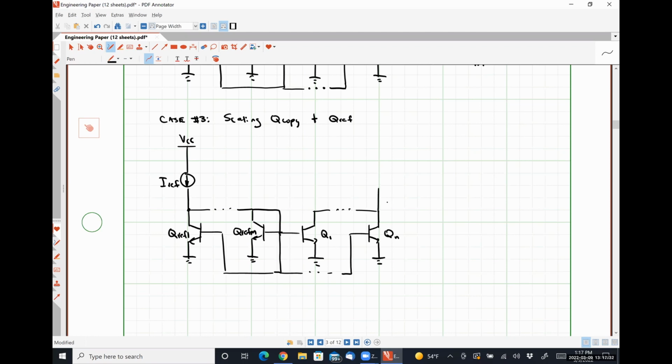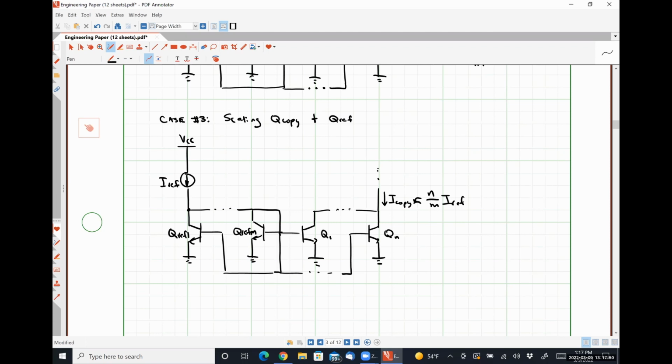And let's see, here is our copy current, which will be approximately N over M times IREF.